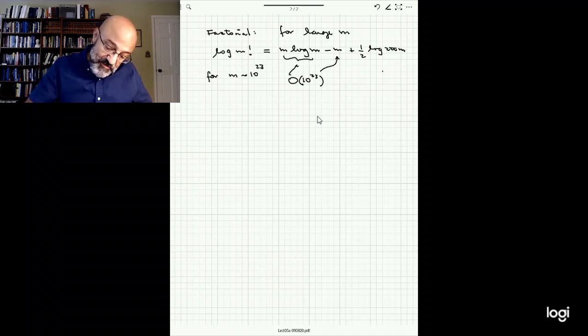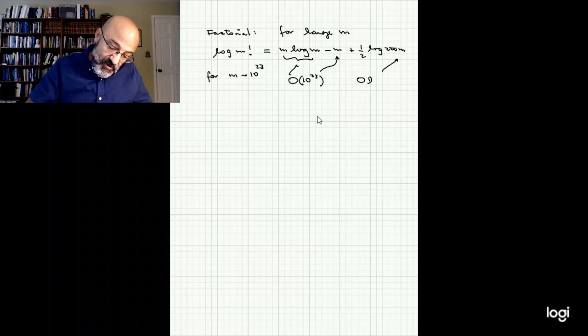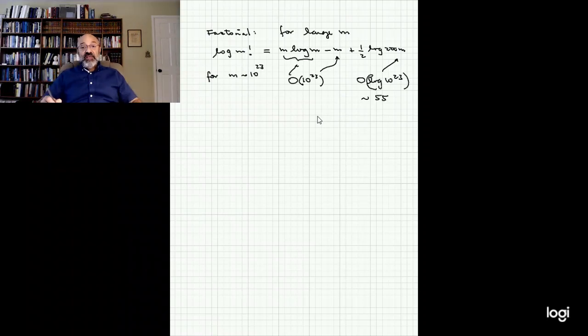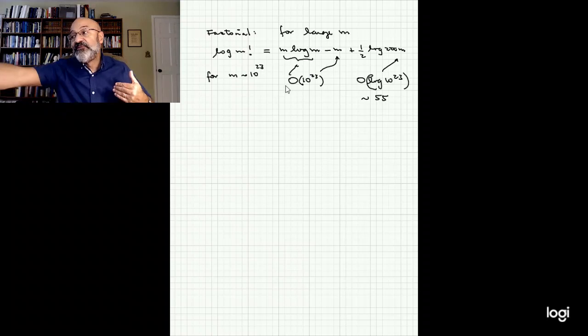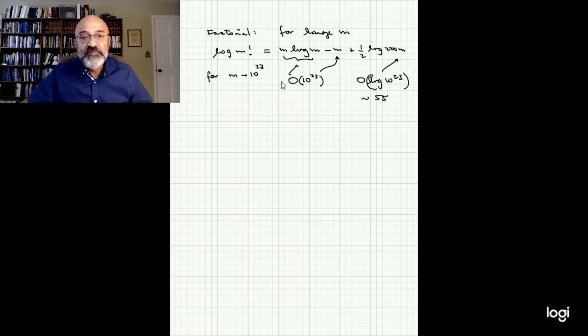But the last term is of the order of the log of 10 to the 23, which is something around 55. You might think that a correction of 55 is completely irrelevant when the terms you're talking about are of the order of 10 to the 23. You have to take one of these terms and compute like 21, 22 digits in order to find a little bit of a difference. So that's why this approximation is actually very good.